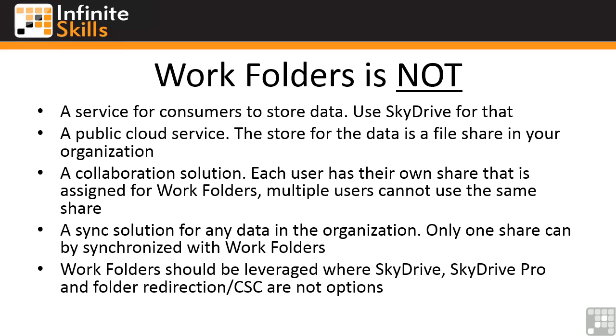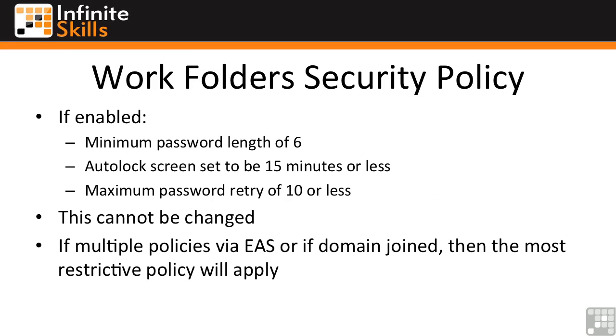So really, I'd look at this as a last-ditch technology. If I cannot use OneDrive or SkyDrive, if I cannot use OneDrive for Business, SkyDrive Pro, if I cannot use folder redirections, then I would look at leveraging work folders. So this does not use SMB, does not use client-side caching. It is its own protocol over 443, and it's very important from a usability standpoint.